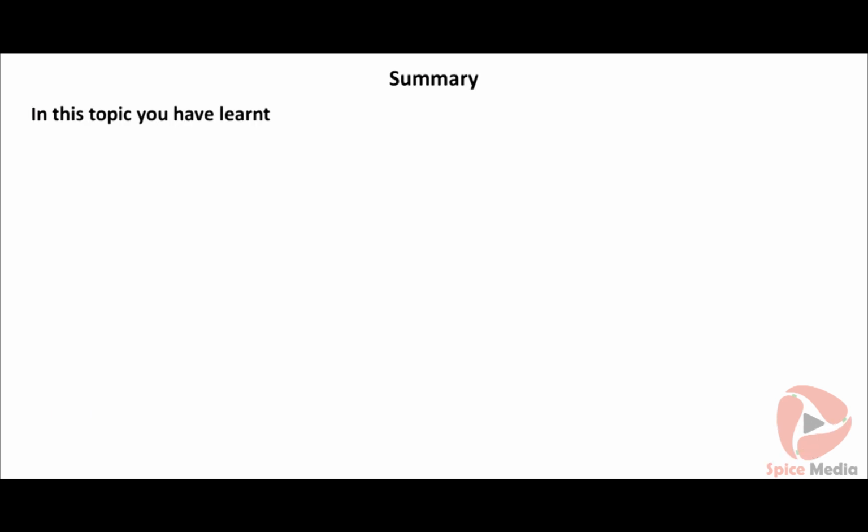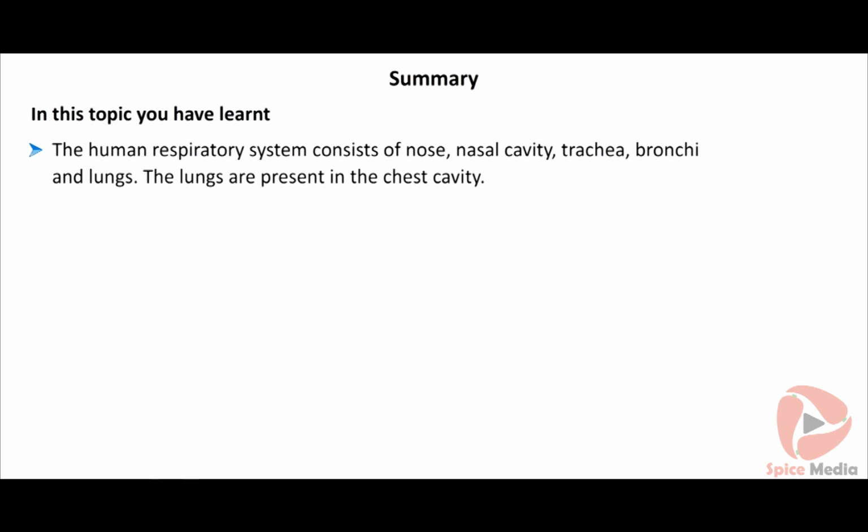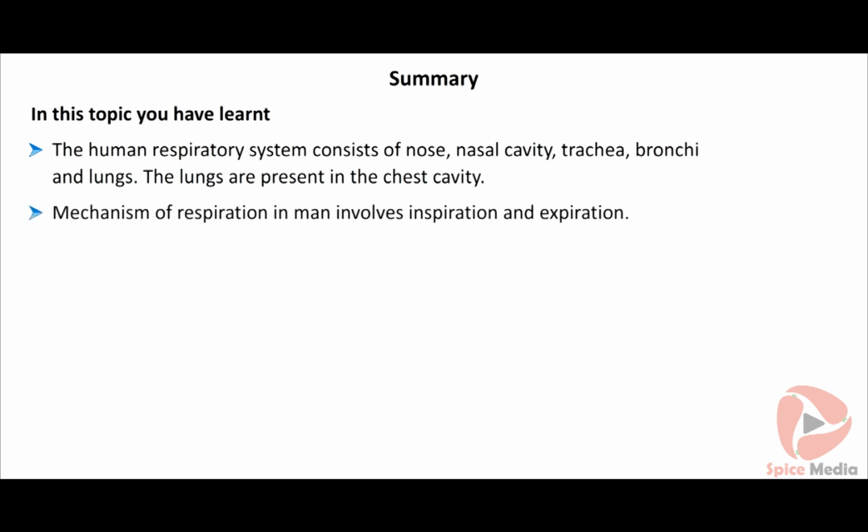In this topic, you have learnt the human respiratory system consists of nose, nasal cavity, trachea, bronchi and lungs. The lungs are present in the chest cavity. Mechanism of respiration in man involves inspiration and expiration.